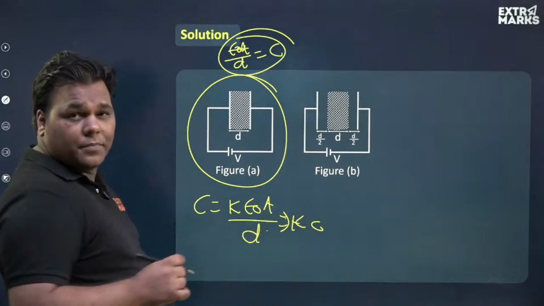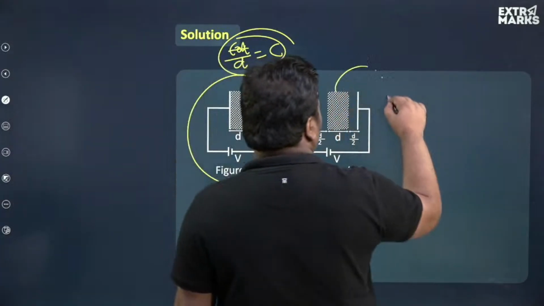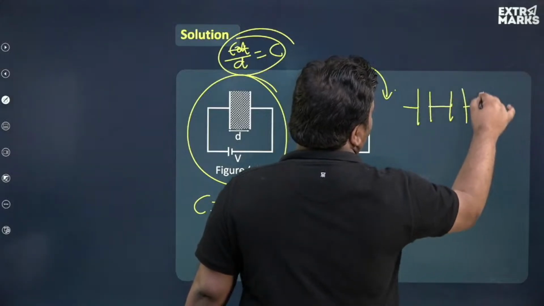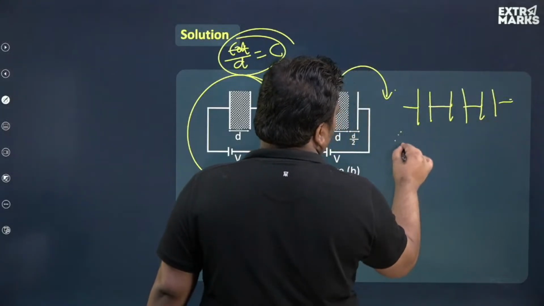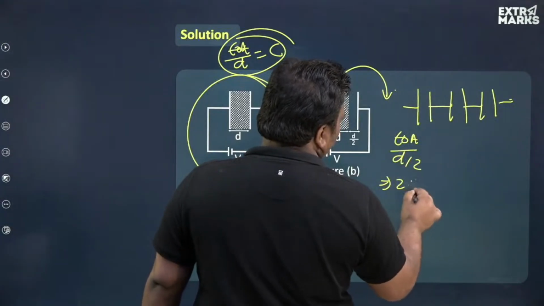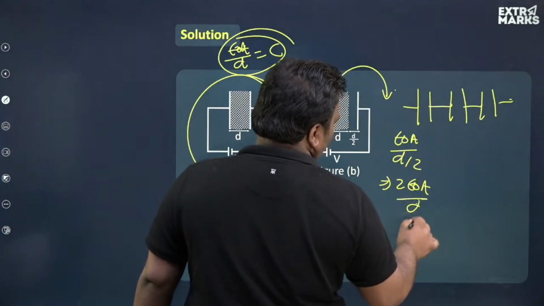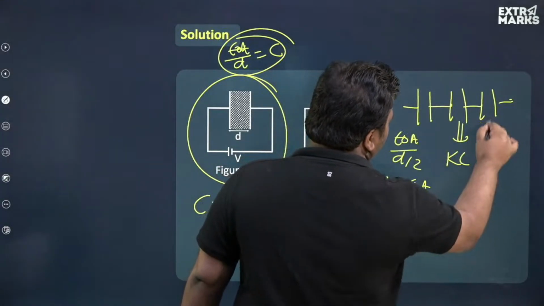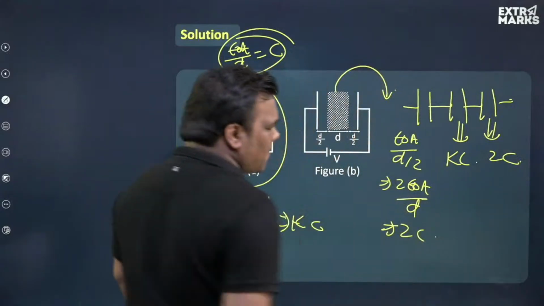Okay? Now regarding that, I have 3 capacitances connected in series. It will be epsilon naught A divided by D by 2. That means 2 epsilon naught A by D. That means 2C. The middle one remains KC. It is 2C.